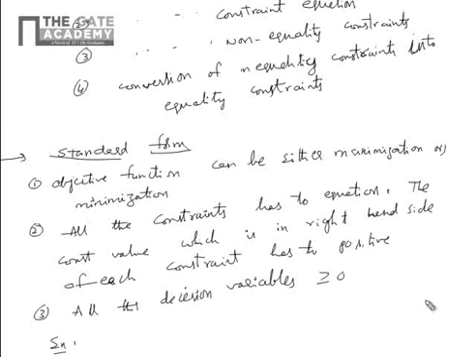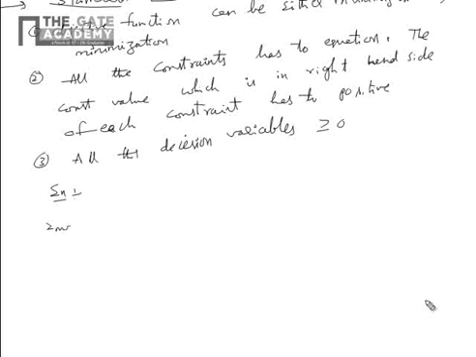Example: Z max equal to 2x plus y subject to 2x plus y equal to minus 10, 3x plus y greater than or equal to 6, x plus y less than or equal to 8, x, y greater than or equal to 0. Convert this into standard form.